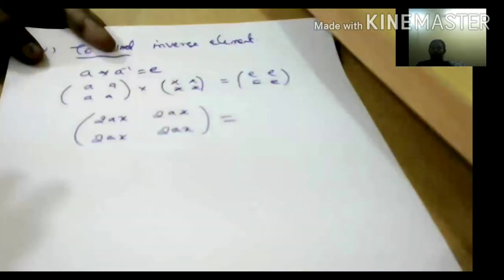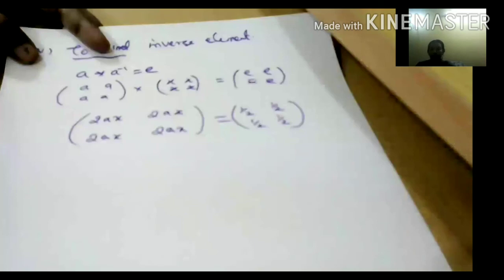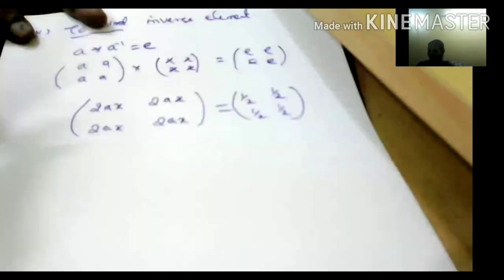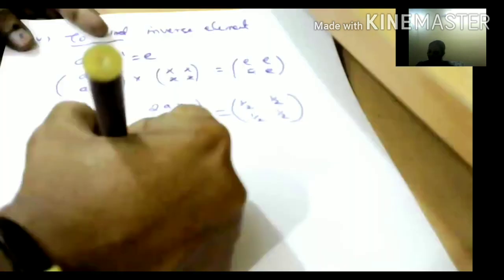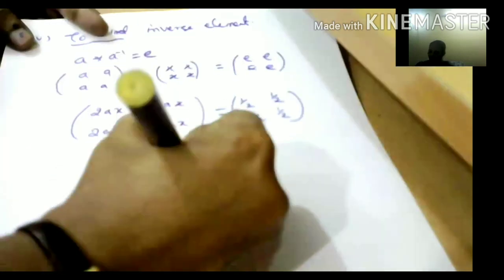On the right side, you can put E, which is 1 by 2, since by the previous property we found E is equal to 1 by 2. Now we can equate these two matrices, because the order is the same. So corresponding position 2AX is equal to 1 by 2. Calculating the value of X, X is equal to 1 by 4A.